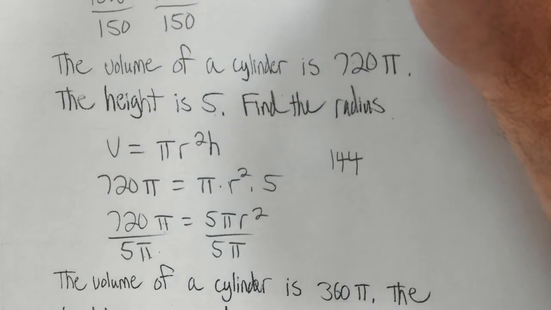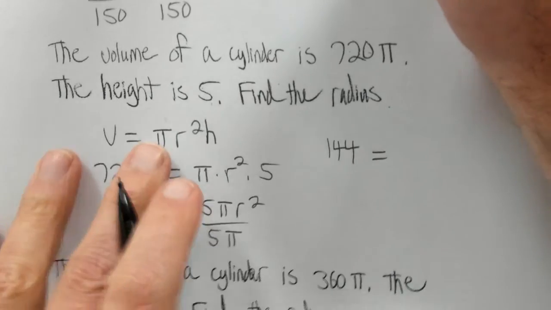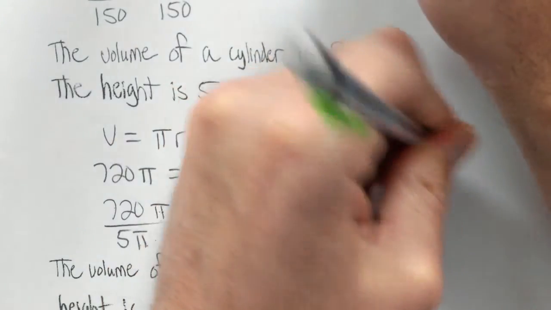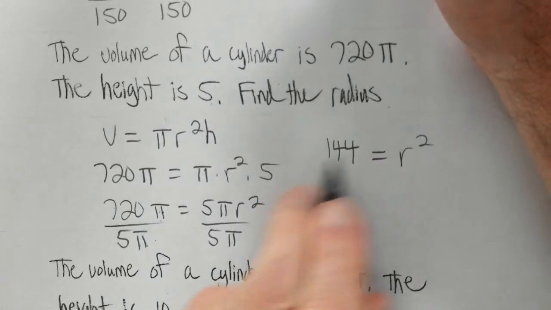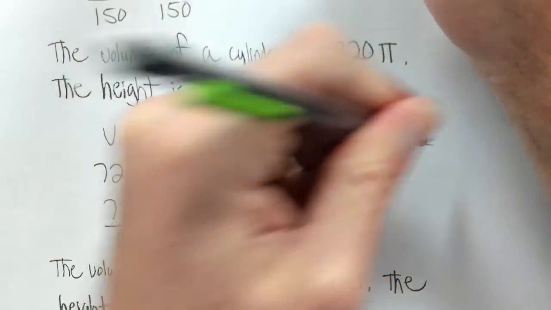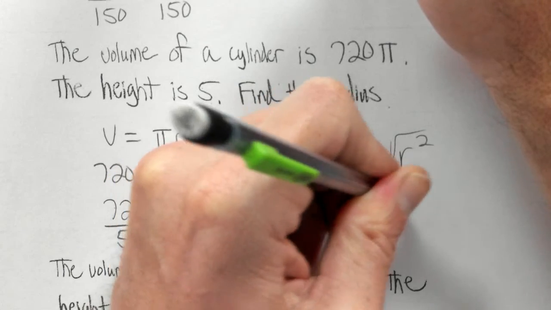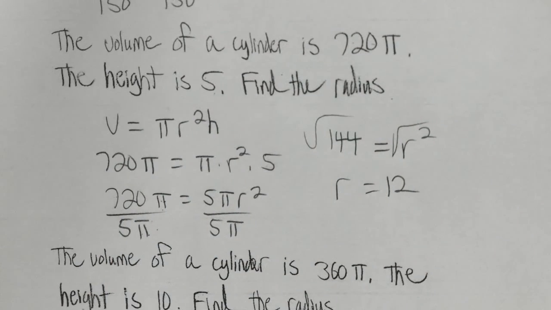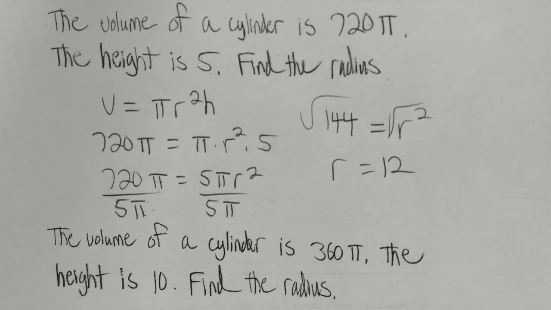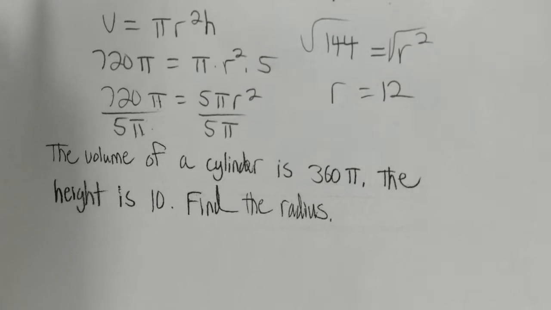So that'd be 144 equals, and on this side, the 5 pi cancels, and that's going to leave me with r squared. So now if I want to get from r squared to r, take the square root of both sides, and then my r is going to be equal to 12, and then there's your answer. Okay, so all of these types of problems are just starting with the correct formula, plugging in the parts they give you, and solving for the part they're asking for.